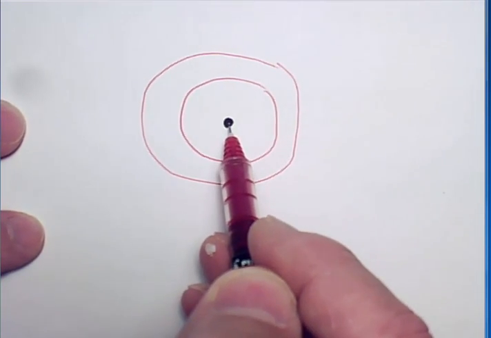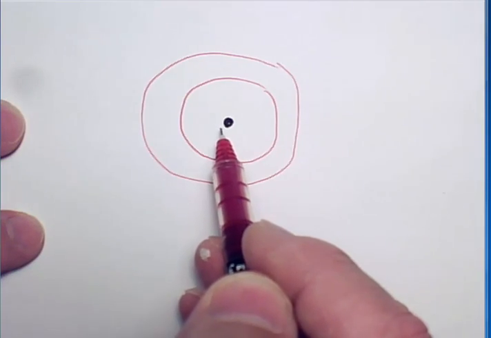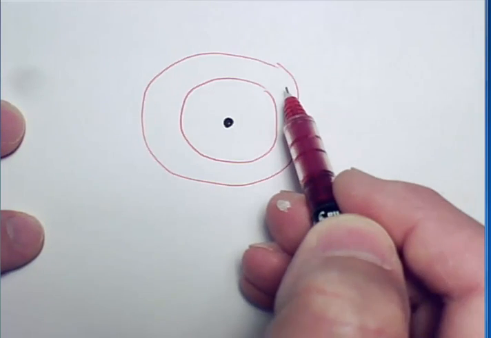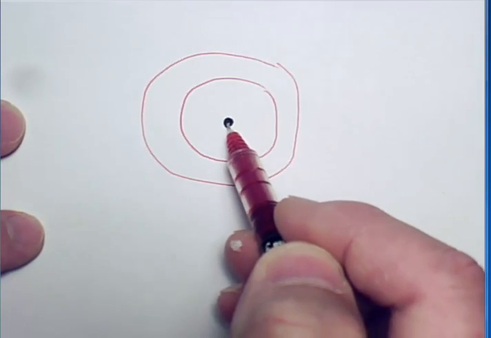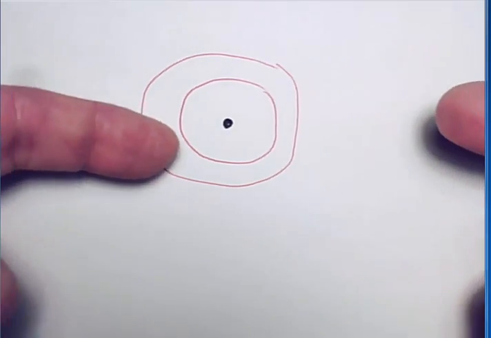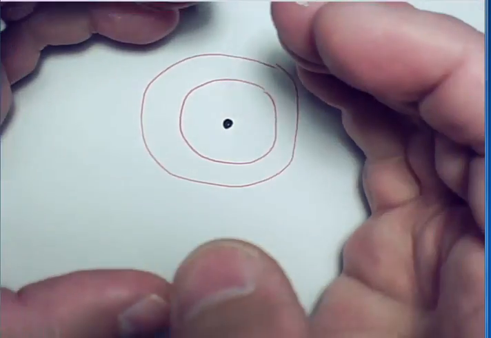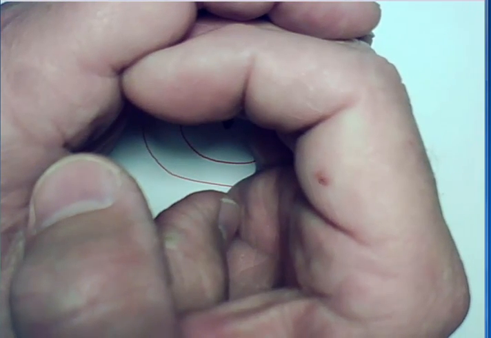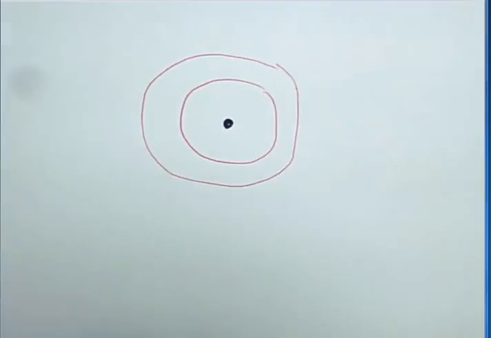Does that make sense? But if I have 6 protons in the nucleus, and that puts 4 electrons in this second level, well, there's more protons in here and more electrons, so there's more pull, and it shrinks down the size of that sphere, that electron energy level. Does that make sense?